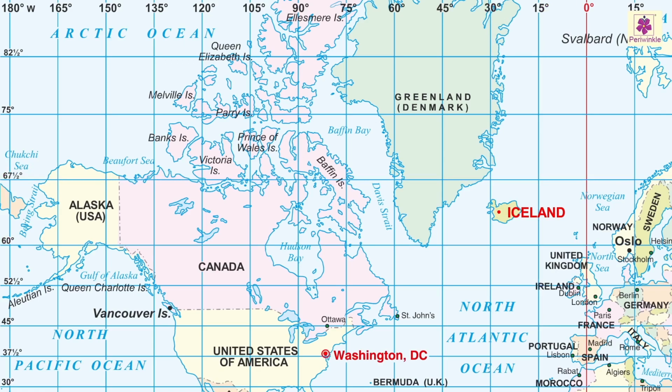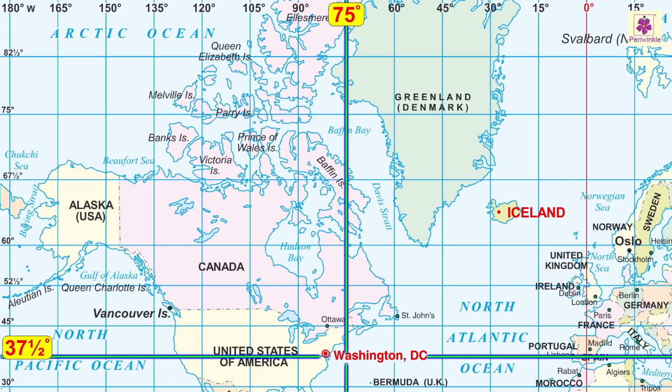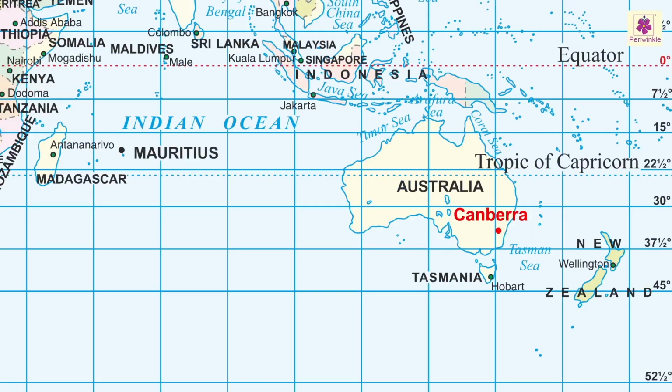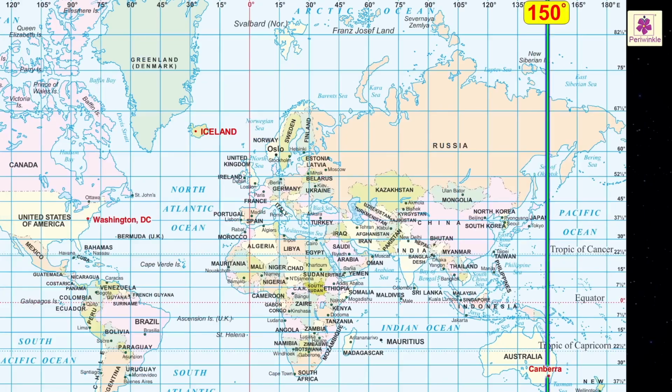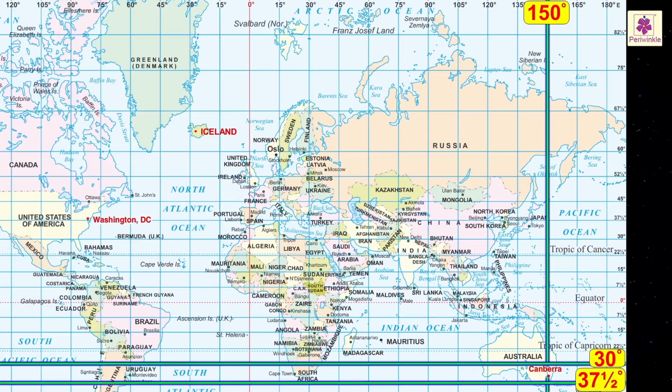Washington, D.C. is located on 37.5 degrees north latitude and between 75 degrees west and 90 degrees west longitudes. Canberra is located just east of 150 degrees east longitude and between 30 degrees south and 37.5 degrees south latitudes.